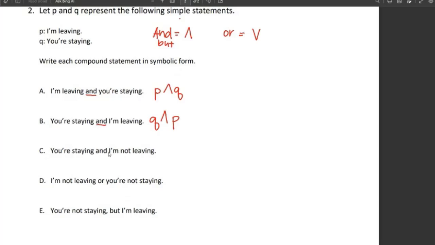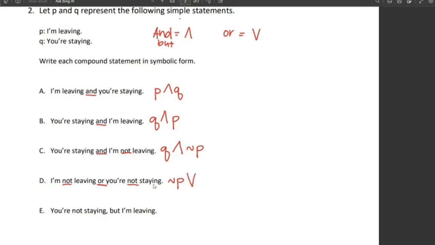C, you're staying and I'm not leaving. All right, so you're staying is Q, and I'm not leaving is a negative P. D, I'm not leaving, or you're not staying. Okay, so I'm not leaving goes along with P, but it is negative P. Or is the V symbol.